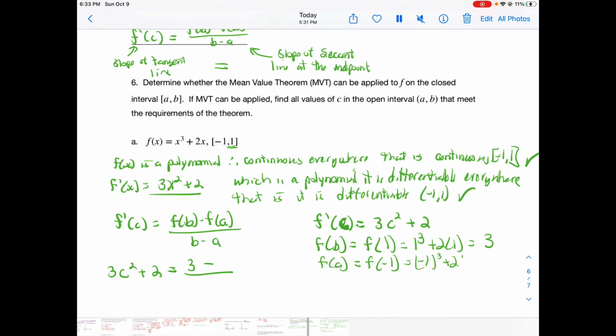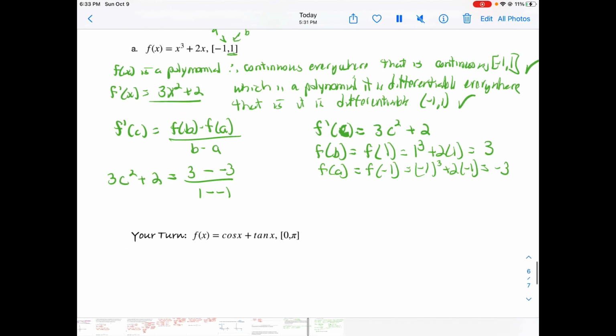So I'm going to replace every x with -1 in my original function to get -3. And then, of course, b is 1, a is -1. Then I'm just going to simplify and solve this equation. So 3 plus 3 gives us 6, and 1 plus 1 is 2. 6 divided by 2 is 3.